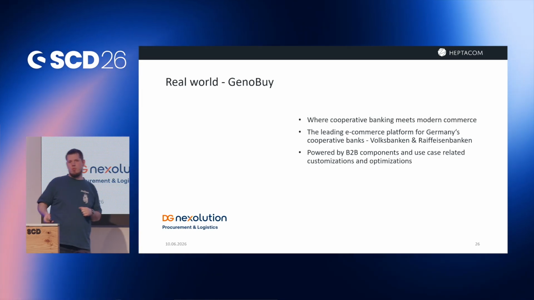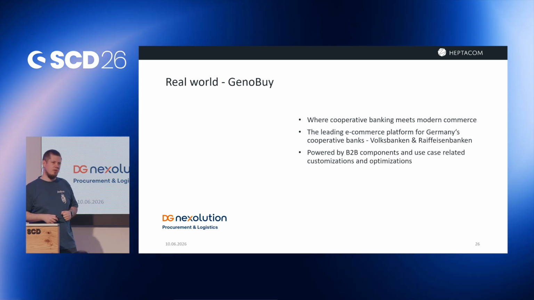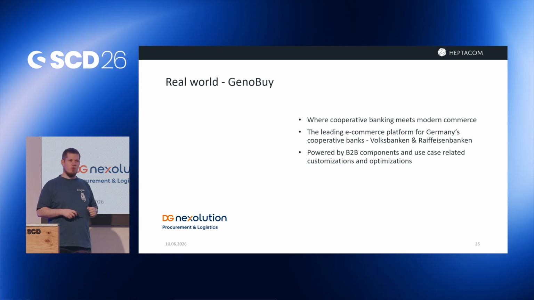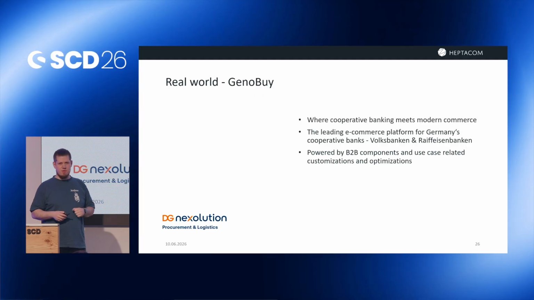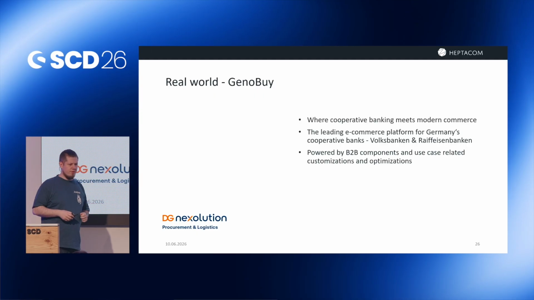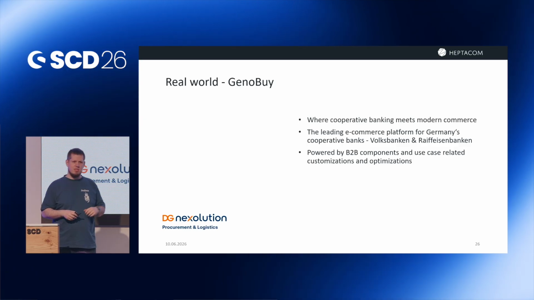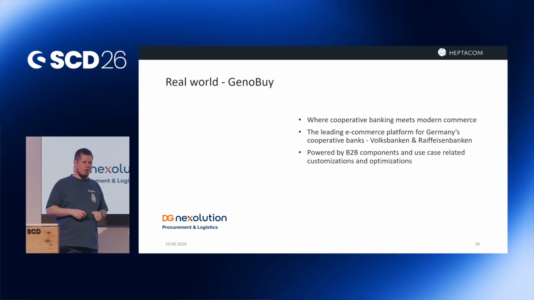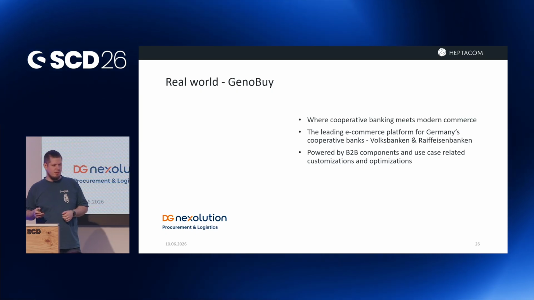So as a leading e-commerce platform for corporate banks that you might know under the name of Volksbanken and Raiffeisenbanken, you can make sure that these processes are simplified. We use most of the B2B components for that, so the pending orders, the rules, basically for a lot of things, but some of the things we also had to extend.